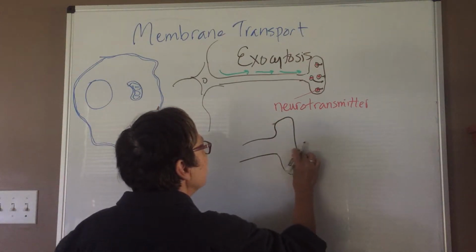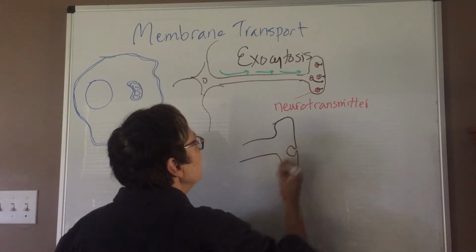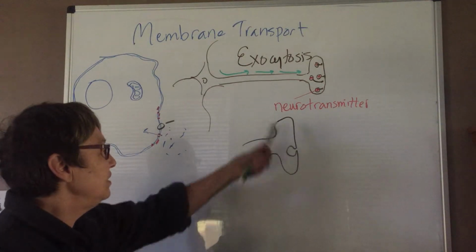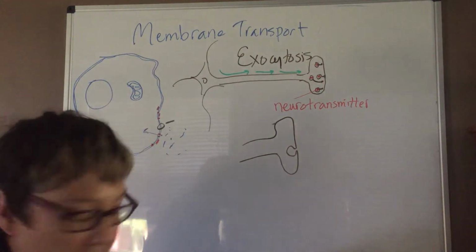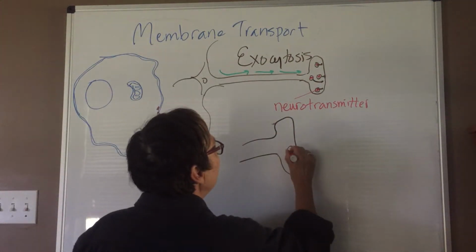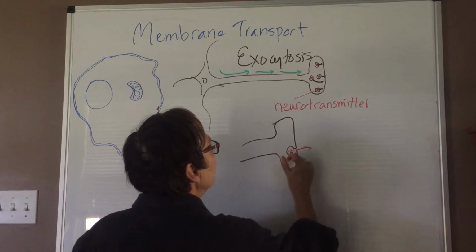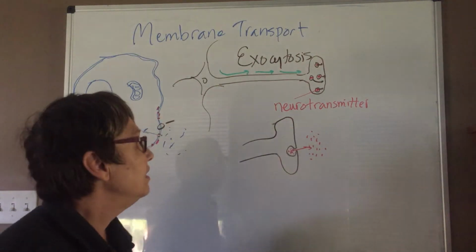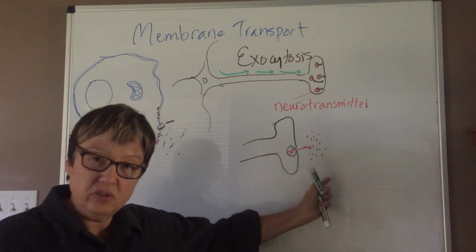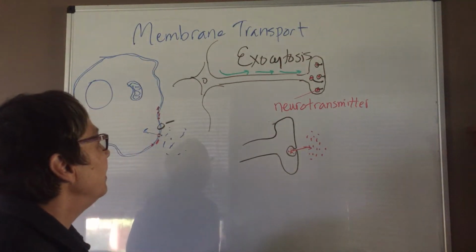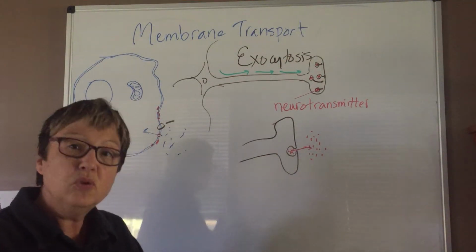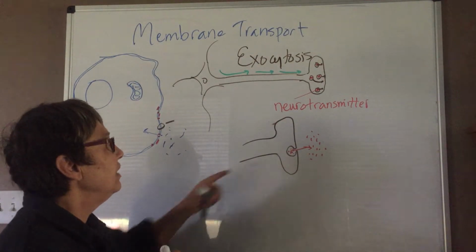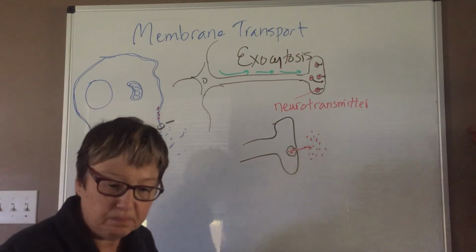And when they dock, the membrane vesicle fuses with the membrane of the end knob, and an opening appears, and the substance that's contained is going to diffuse out into the space that is between another neuron or another muscle cell. So that is exocytosis. So we're moving substances out of a cell across the membrane, and it involves membrane vesicles.